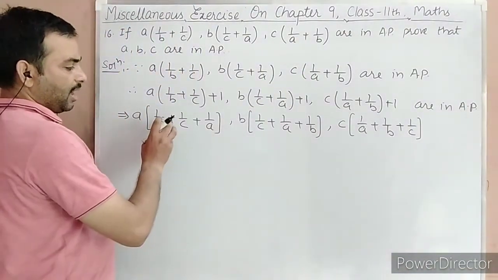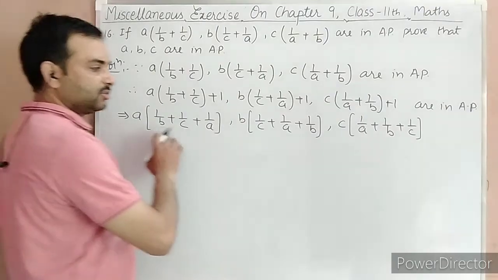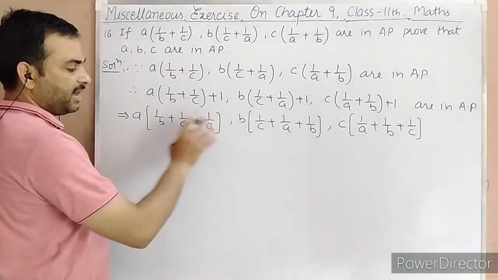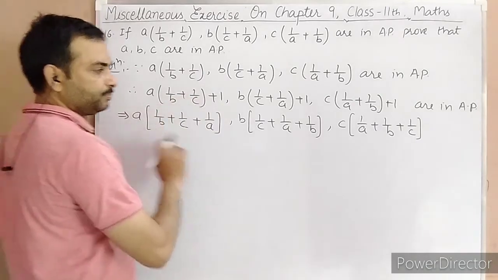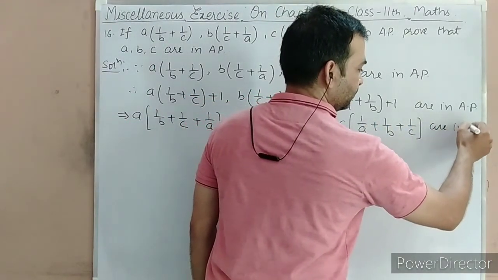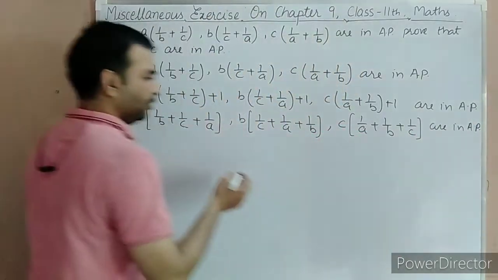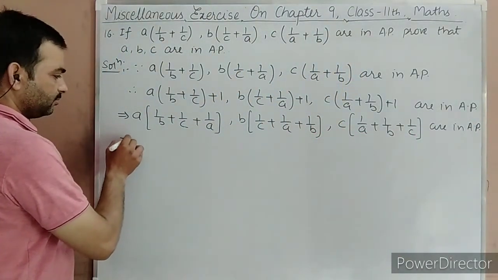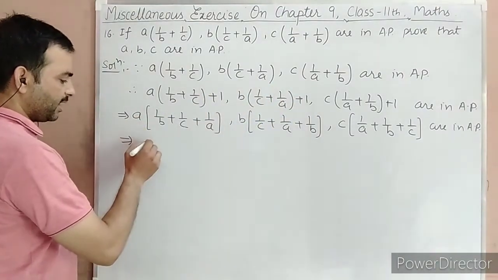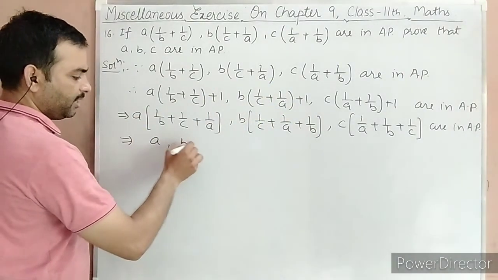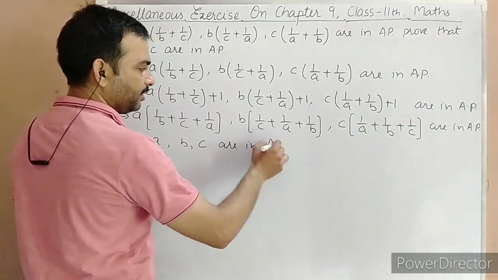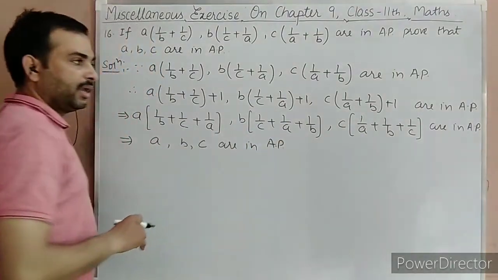Now I can divide all these terms by the whole bracket (1/a + 1/b + 1/c), and this is also in AP. So after dividing by (1/a + 1/b + 1/c) in all three terms, I get a, b, c are in AP. Hence proved.